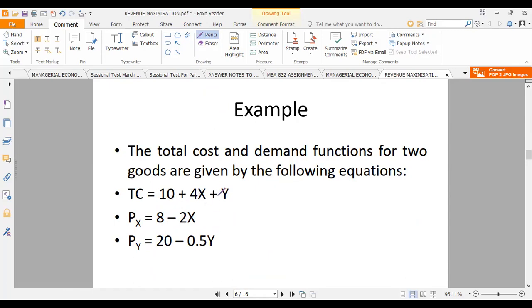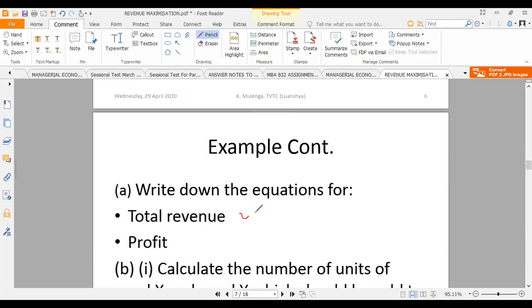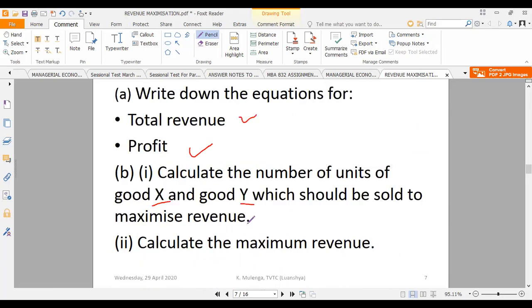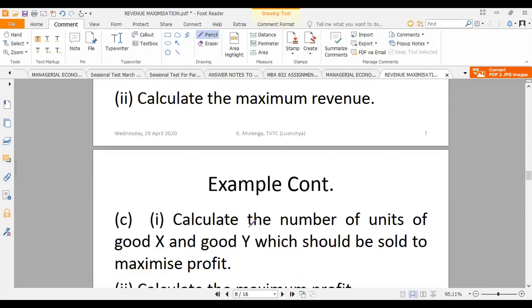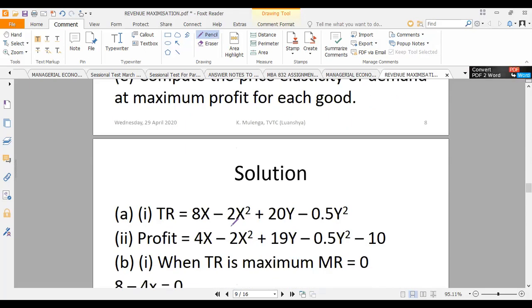And the cost is given as follows. So we've been asked in this context to find the total revenue, the profit, and the number of units that will maximize good x and good y. So we're going to use our knowledge from what we have just learned.